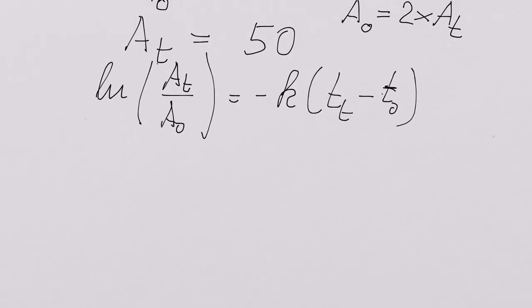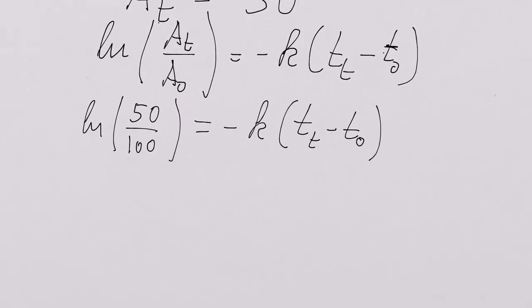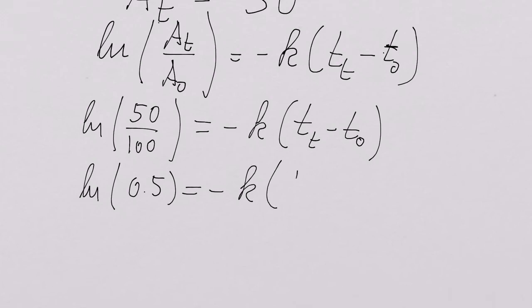I can say, for example, ln 50 divided by 100 equals minus k times t minus t0. 50 divided by 100 is 0.5. And ln 0.5 equals minus k times t minus t0.